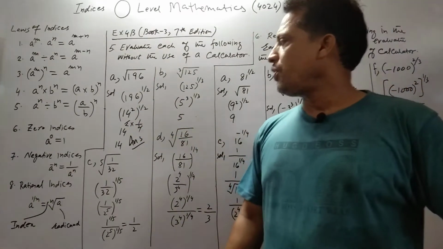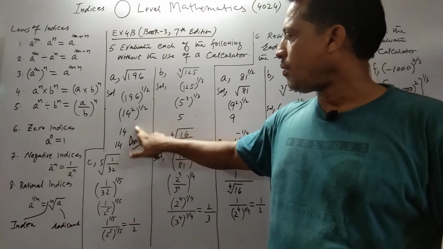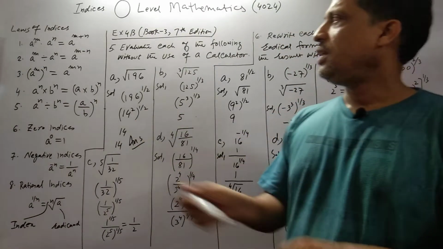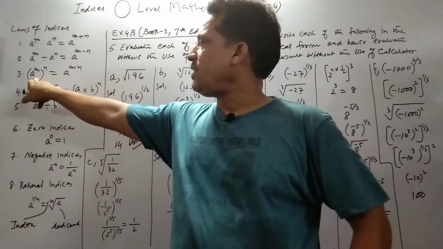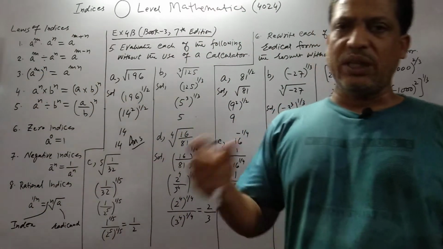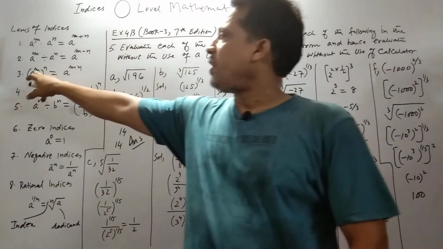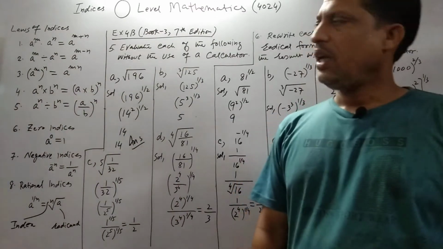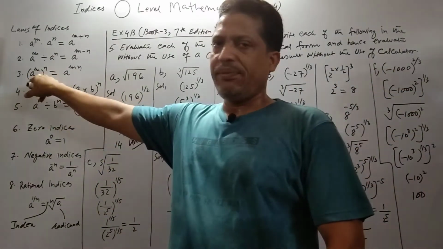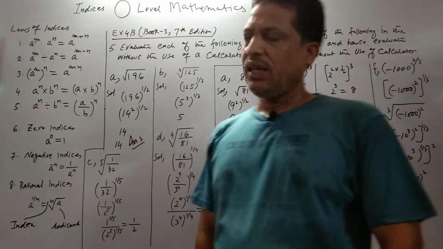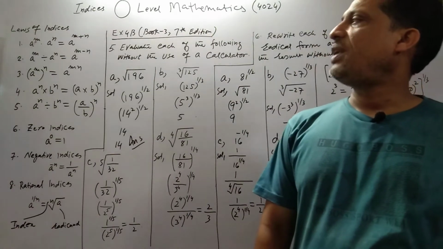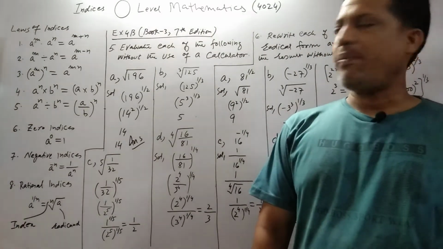And students, you know, according to the third law of indices, if you see power to the power, power to the power always means multiply. If you see a to the power m and the power n, then you always multiply m by n, and you will get m into n.